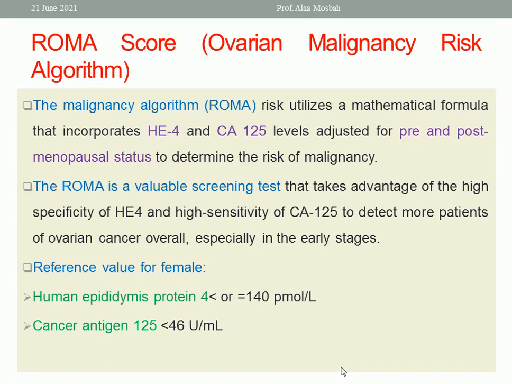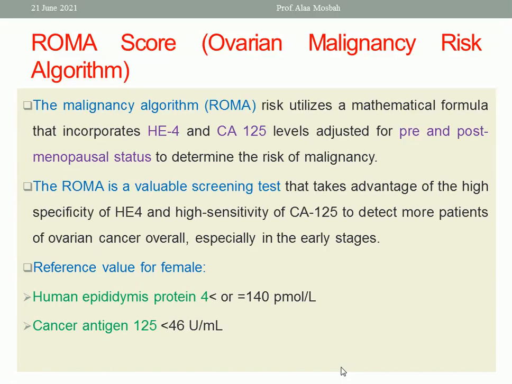So, this score includes 3 items: human epididymis protein 4, CA125, and the degree of menopause, pre or post-menopause. ROMA is a valuable screening test that takes advantage of the high specificity of human epididymis protein 4 and the high sensitivity of CA125 to detect more patients of ovarian cancer overall, especially in early stages.